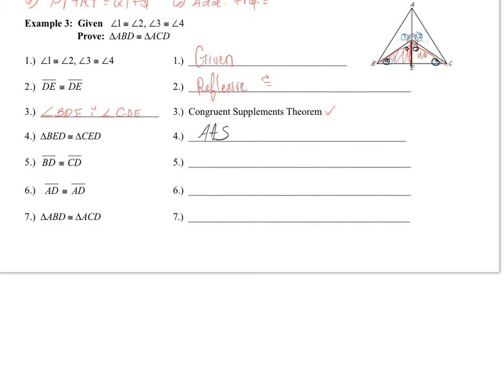So now we can conclude that BD is congruent to CD by CPCTC. And AD is congruent to AD, again by the reflexive property of congruence. And since we already stated that angle 1 is congruent to angle 2 by given, we therefore have side, angle, side. So triangle ABD is congruent to triangle ACD.